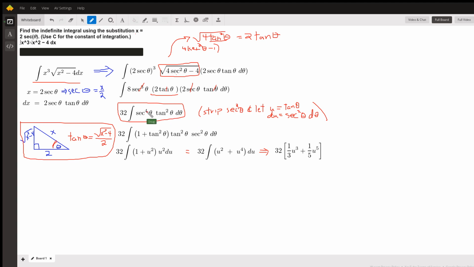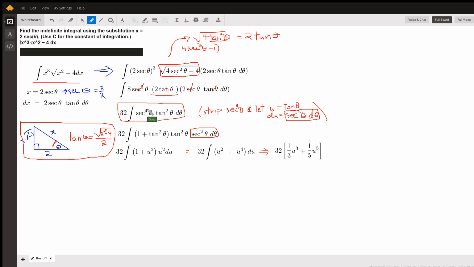The idea is, since these powers are both even, we strip a secant squared and let u equal tangent of theta, so du equals secant squared theta d theta. That's why we stripped a secant squared: that becomes du.